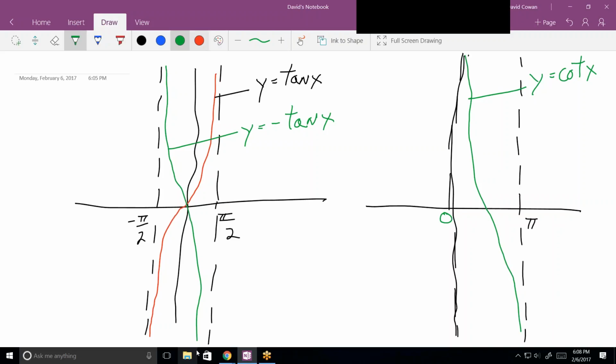In other words, if I were to just give you a curve like this and say, what is that? Well, you would know that that's a negative cotangent curve because it's running from 0 to pi.